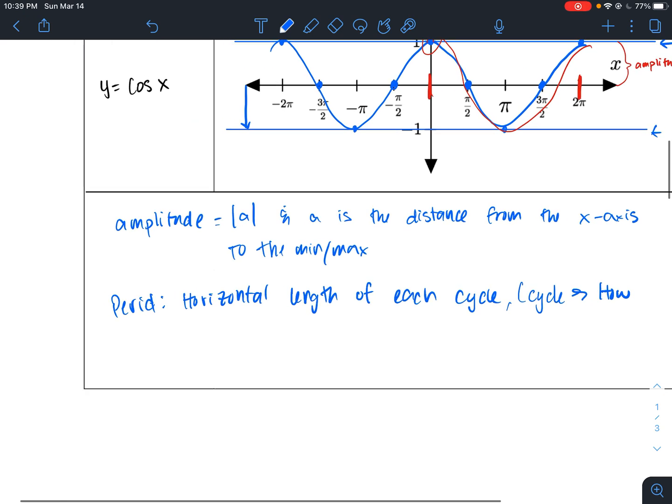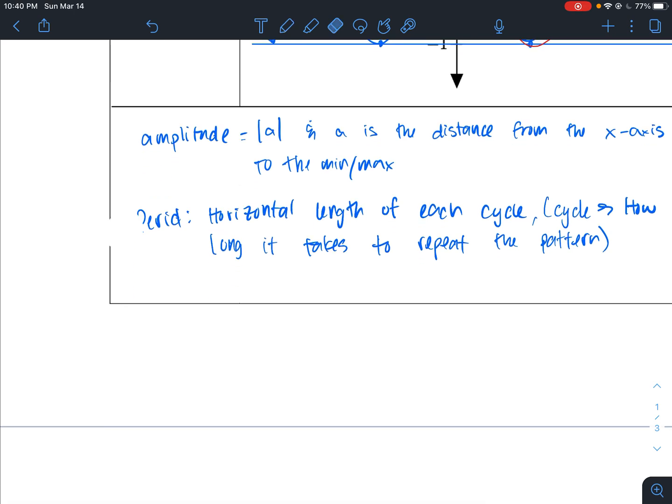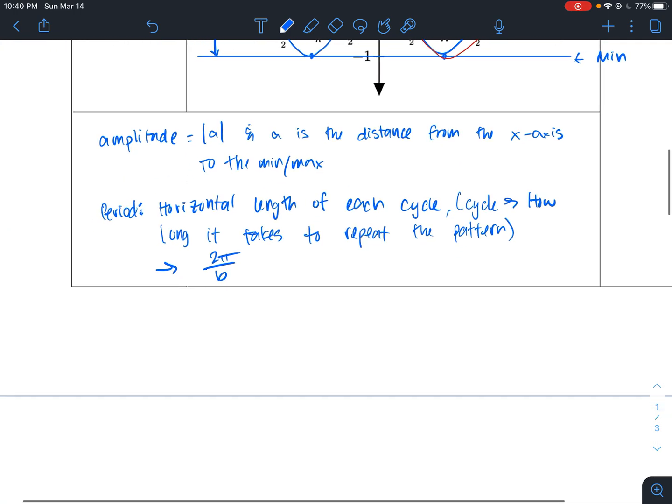And you can calculate the period by using 2 pi over b, and I'll show you what b is. I should have made more space, so hopefully you guys still have some space.